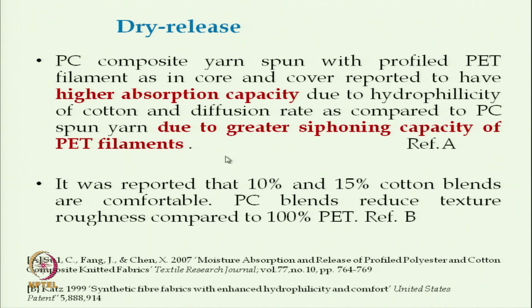It was reported that 10% and 15% blends of cotton are comfortable, because the majority of the yarn content is filament and the cotton content will be only just to cover.